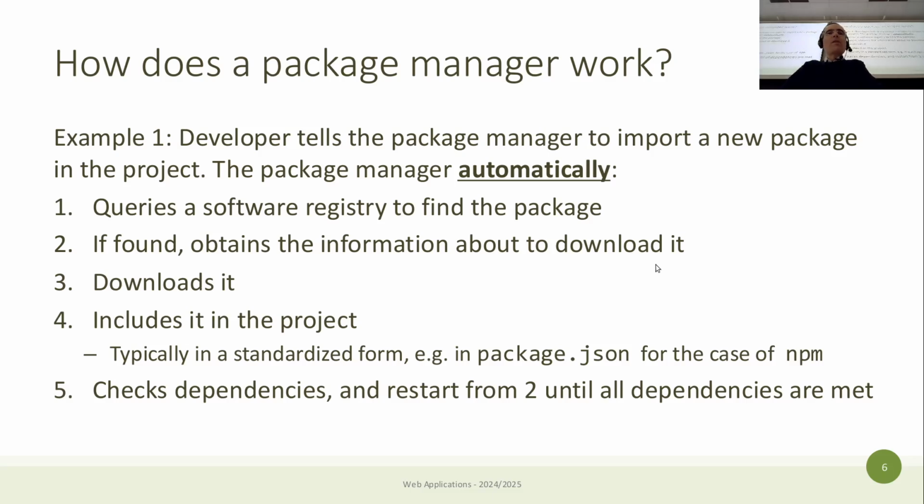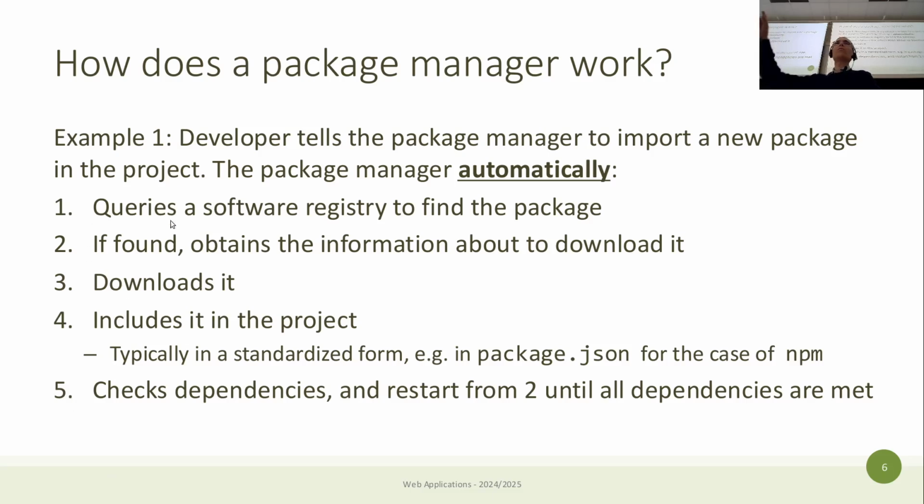So how does the package manager work? Well, the developer has to decide to use a package, and so needs to tell the package manager to import a new package in the project, and the package manager does everything written here automatically.